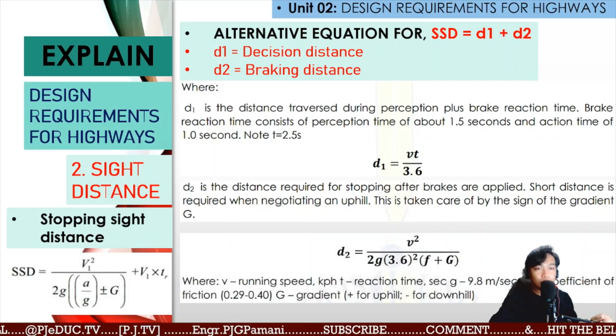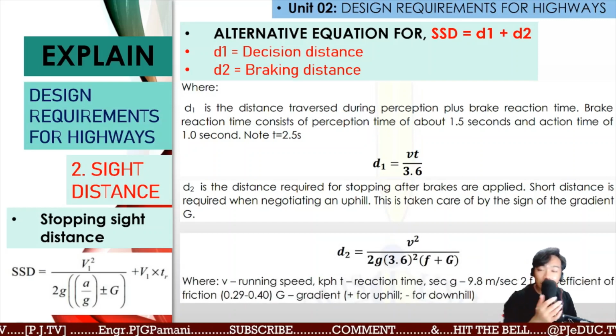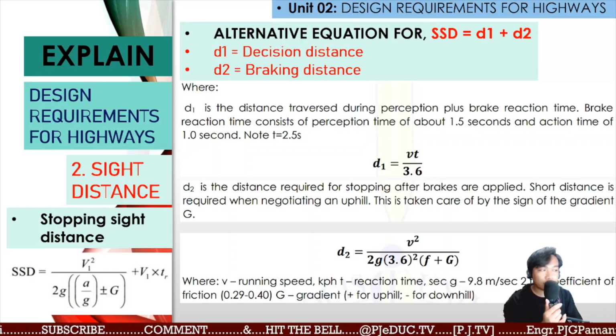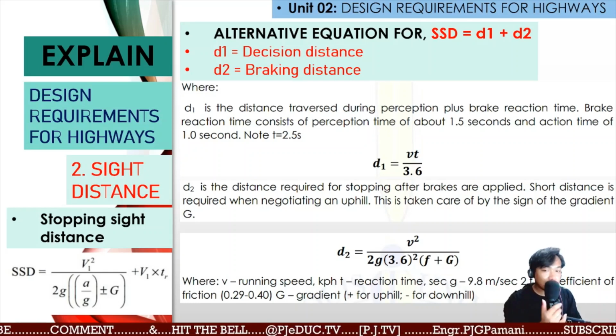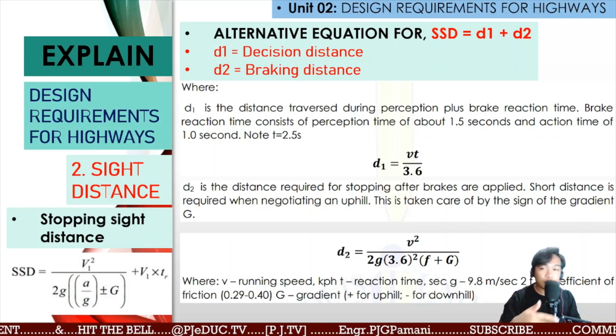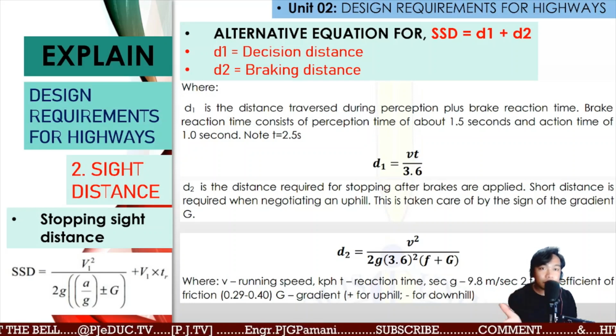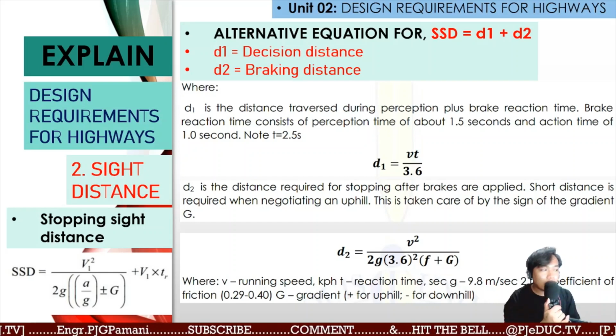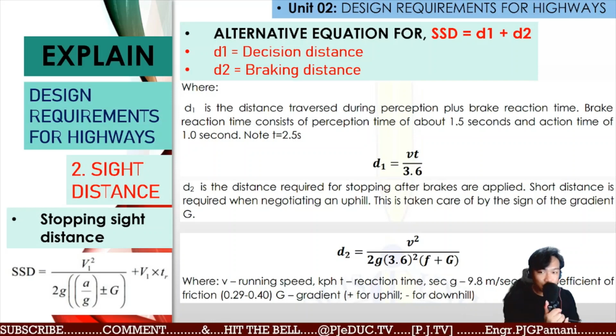Now, this is computed by the formula of initial velocity squared over 2 times g, which is the acceleration due to gravity, times 3.6 raised to 2, which refers to the conversion from feet per second to kilometers per hour, then the friction, F, and the grade, G.